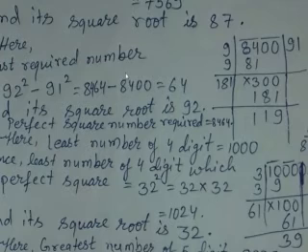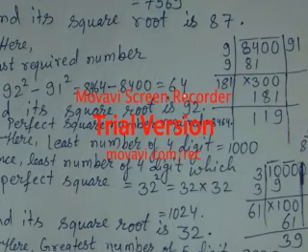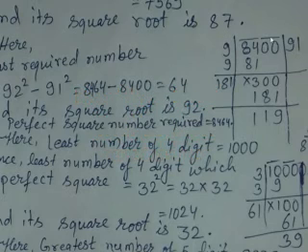You can just simply multiply. 91 into 91 will come smaller than 8400, and you have to add over here so that it should be bigger. So the bigger number is 92.